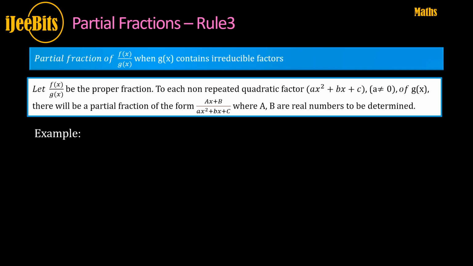So now the question is how you are going to identify them. Let me put a few examples and then see how easy we can find out. Let's say we have an equation 2x squared plus 1 divided by x cube minus 1. If you look at this example, the degree of numerator is less than the degree of denominator.